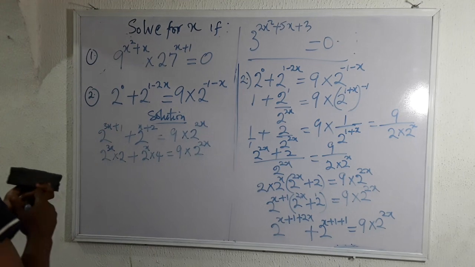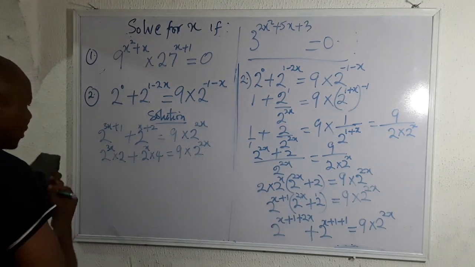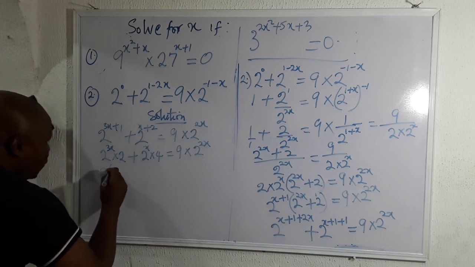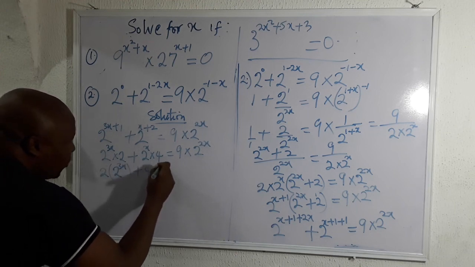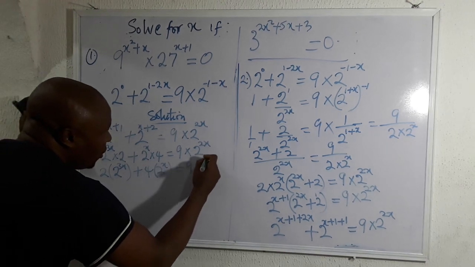Now we can further rewrite this as 2 into 2 raised to the power 3x plus 4 into 2 raised to the power x is equal to 9 times 2 to the power 2x.